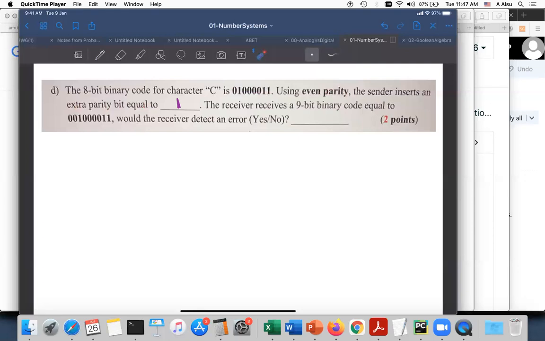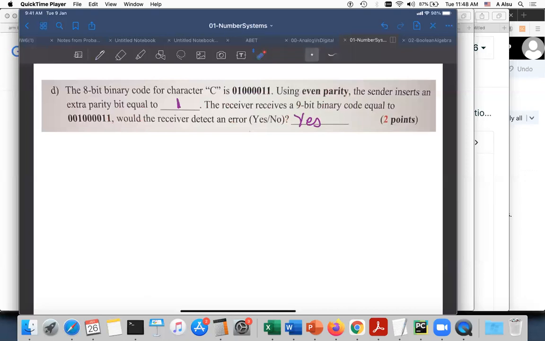Now, continue the question. It says the receiver receives a 9-bit binary code that is equal to this code here. Would the receiver detect an error? Yes. Why? Because he added 0. With even parity, he added 0, and we have 3 ones.